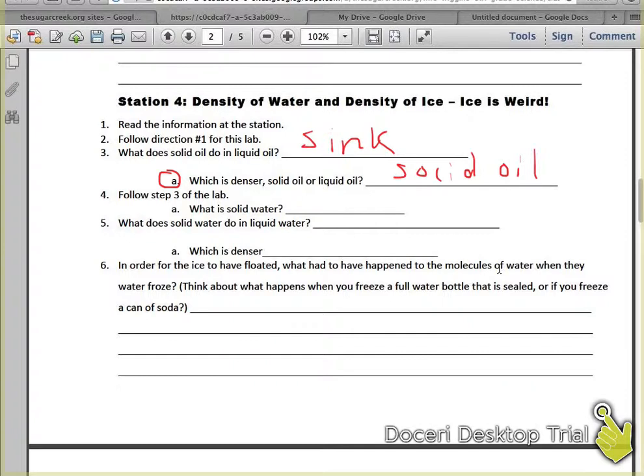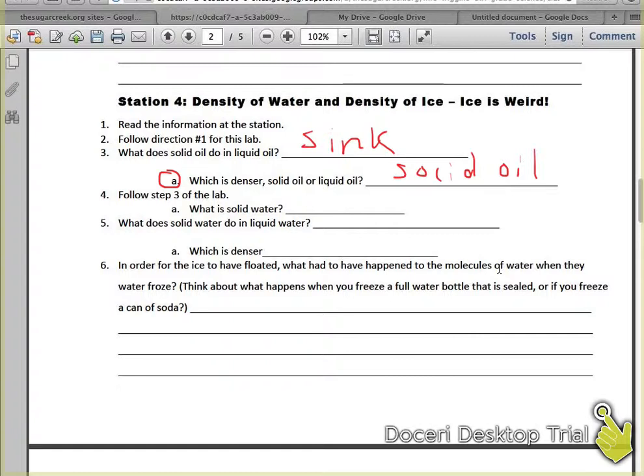Yeah. Jenny, question. Okay. Then we moved on and we took the solid water and we put it inside the liquid water. What did it do? Oh, it floated. Okay. But first it asks the question, what is solid water? This is where I began to pull my eyebrow hairs out because I was getting answers like, solid oil, aka solid water.